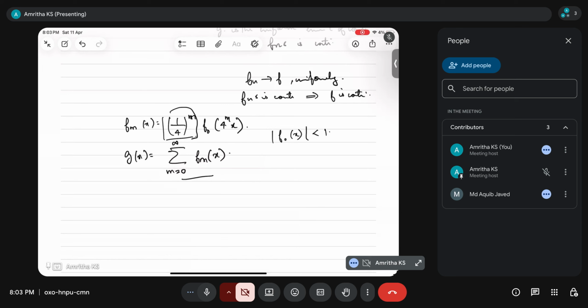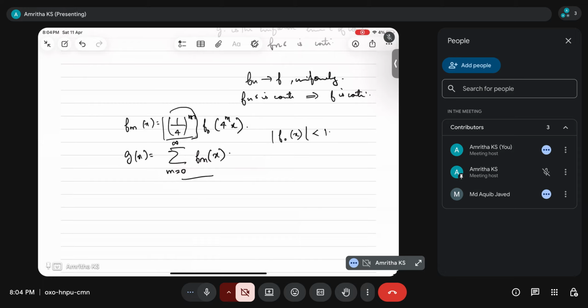Now you are saying that this is nowhere differentiable. What we are adding is f1, meaning 1 by 4 times f0 of 4x. It is kind of complicated.